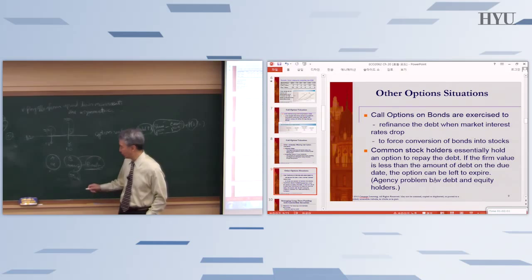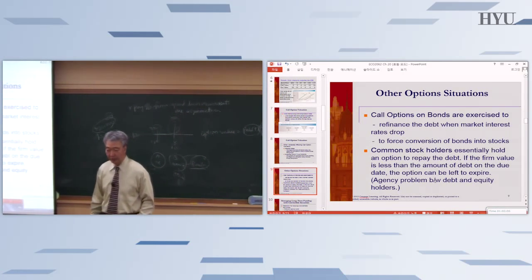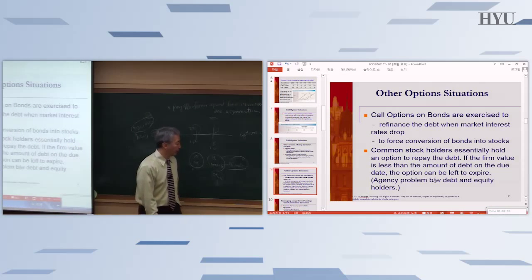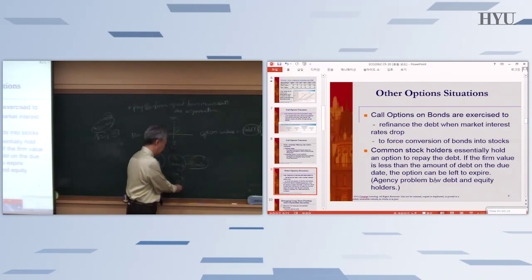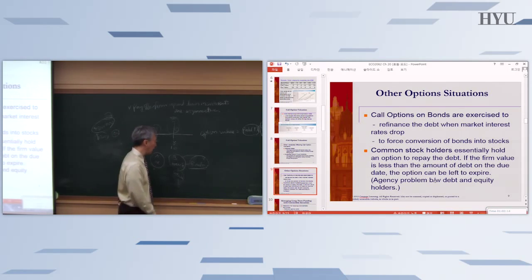Stockholders try to increase the profit, and in order to increase the profit, you have to take on some risky projects. Bondholders don't share the profit. They only receive the interest payment.